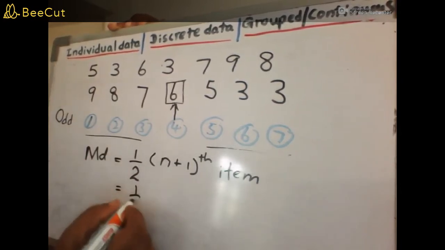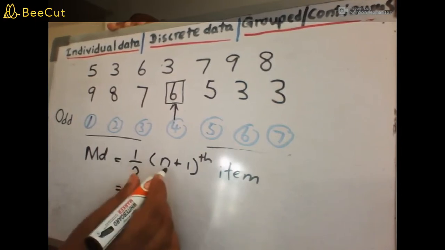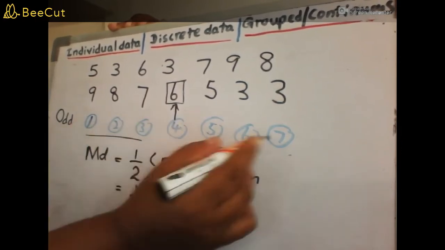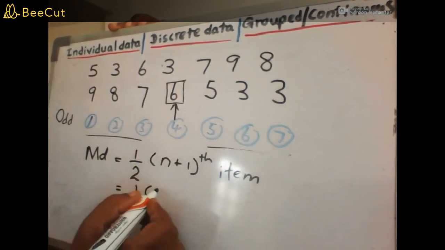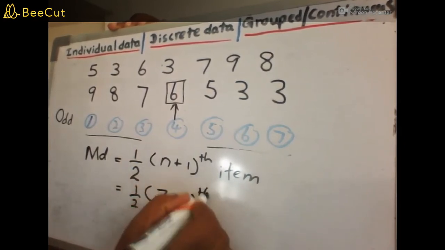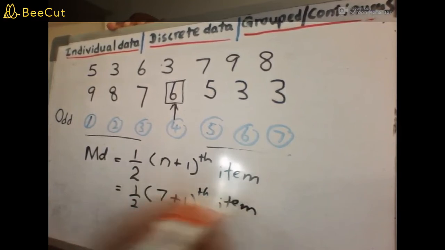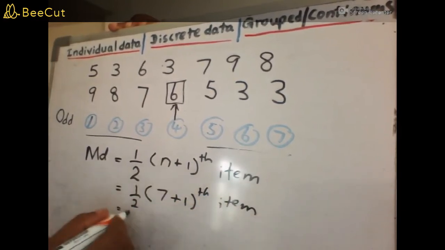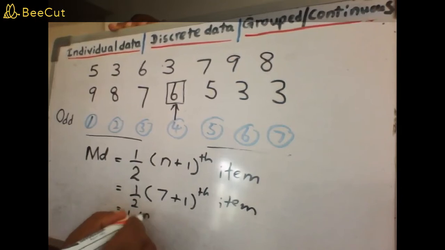Half n plus 1. N means what? Number. How many? 7. Plus 1 item. That is half into 8.